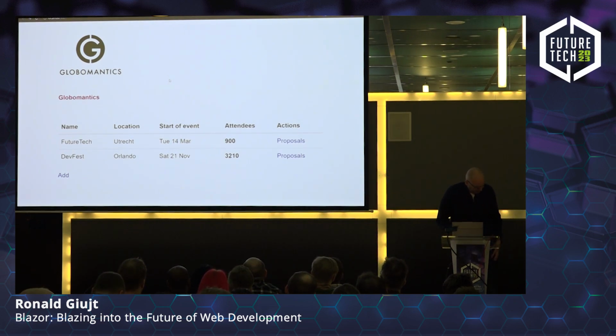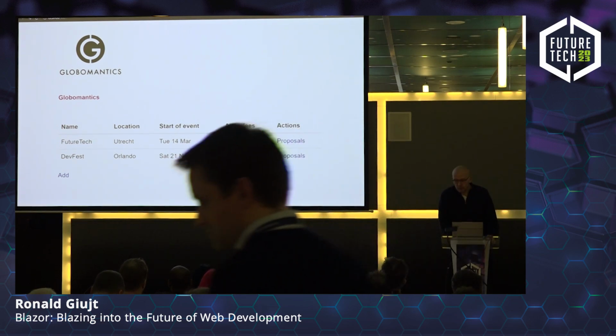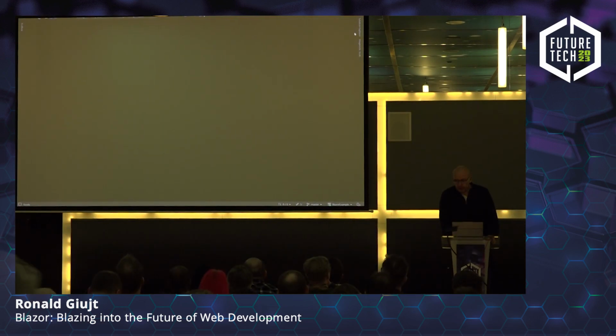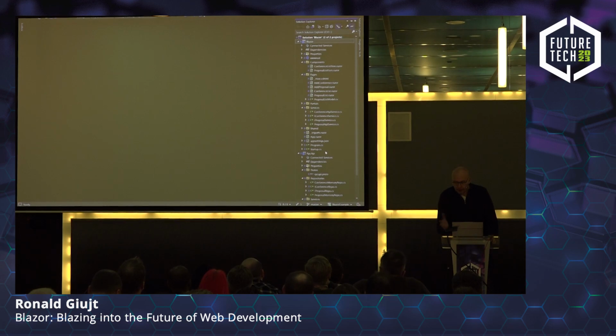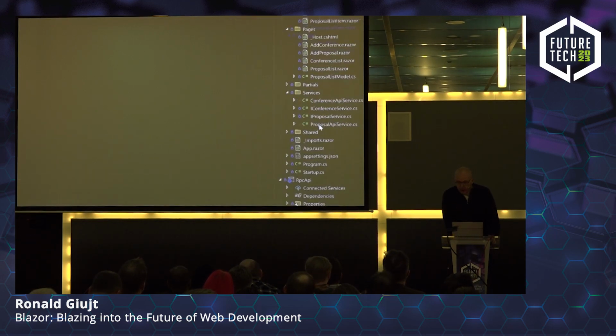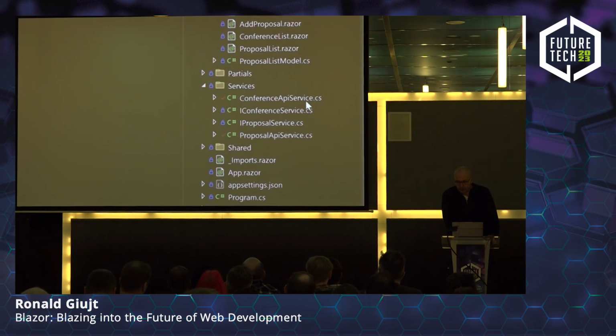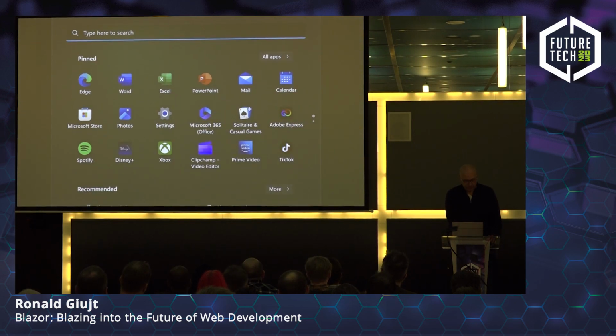Not doing it right now because of time issues, but you get the picture. Okay, how does this work? Well, this uses data. So we have these API service classes that are used to talk to the API. I'm not explaining these.